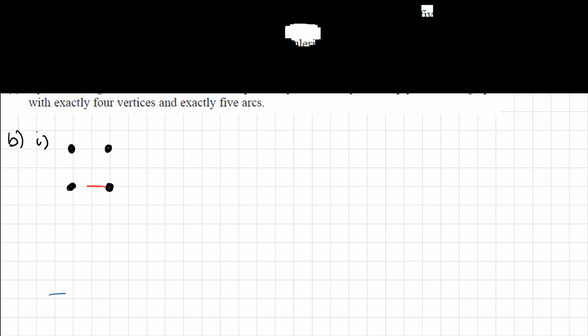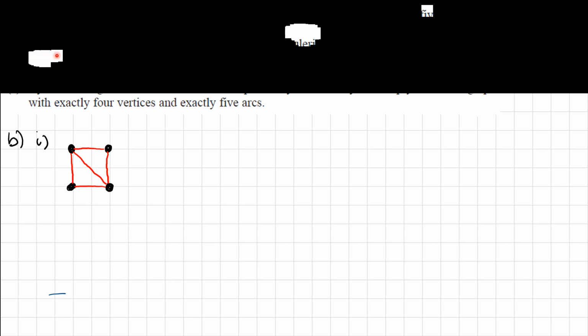Let's have a look. So 1, 2, 3, 4 and 5. Okay, I guess there are sort of other ways of doing this, but I think they're just going to look like rotations or reflections of this connected graph here.